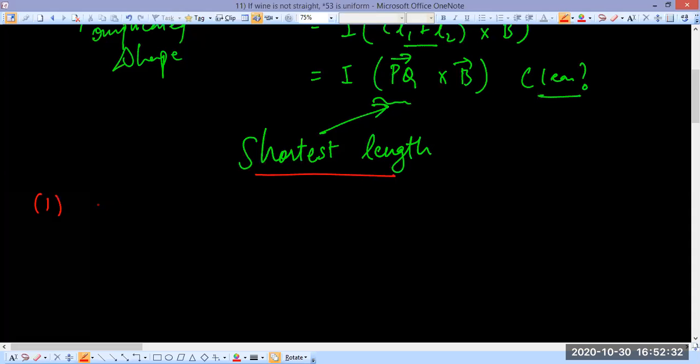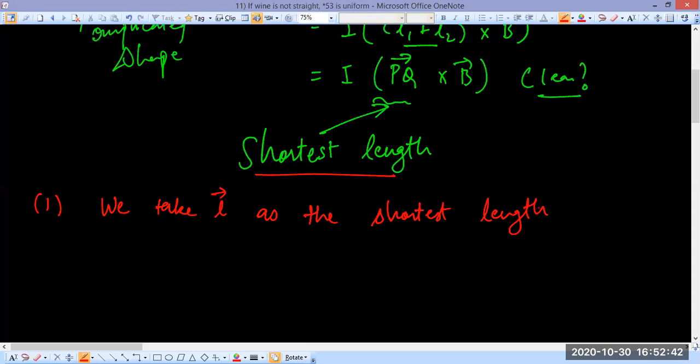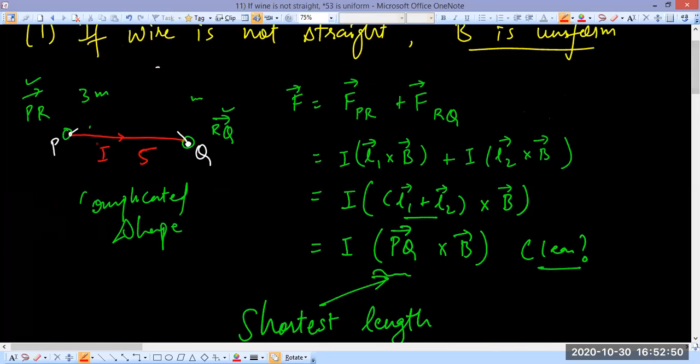We take L vector as the shortest length, right? But there is a direction, please be careful. You should not take it from Q to P. You must definitely take it from P to Q because current was flowing like that. Clear?